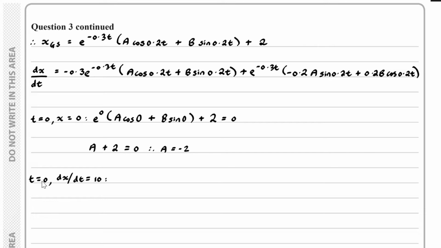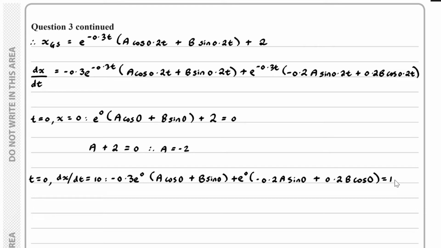So now substituting into this equation here, we've got minus 0.3 e to the 0 times a cosine of 0 plus b sine of 0, plus e to the 0 lots of minus 0.2a sine of 0 plus 0.2b cosine of 0.